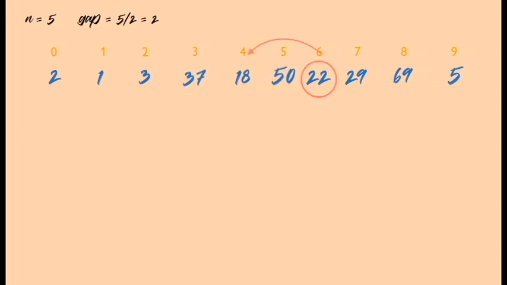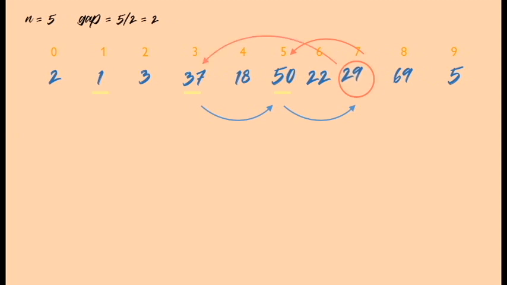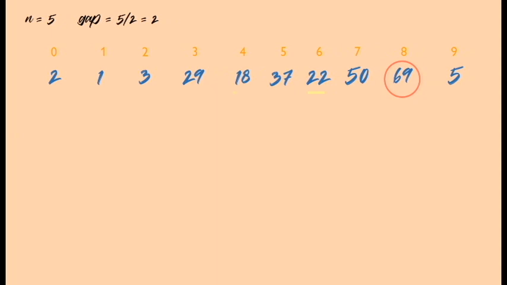It is already sorted. We then compare 29 and 50. Since 29 is less than 50, we also need to check the other numbers before 50. We can see that 29 is less than 37 but greater than 1. So now we know that 29 will be in number 37's position and number 50 will take 29's original position, and 37 will take 50's original position. 69 is greater than 22, so it will just stay in place.